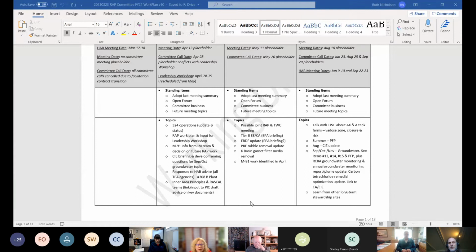In a crazy year, we had a pandemic, everything's remote, nobody knows how to do it. We had a major contract transition, we had minor contract transitions, we have a new DDFO, a new liaison, new board chair, new committee chair, new facilitation contract. Everything that could change this year did.